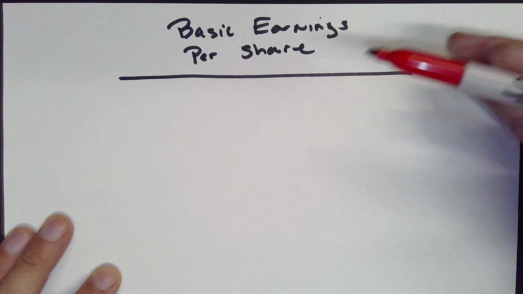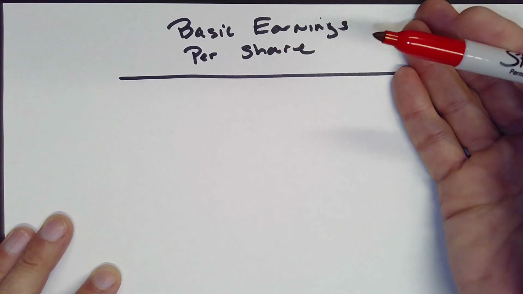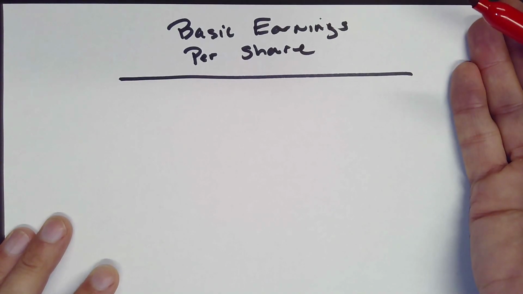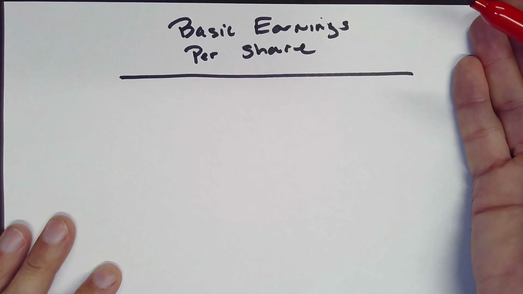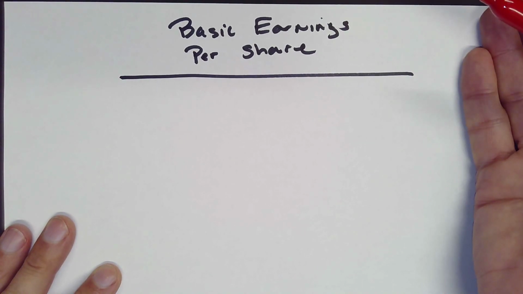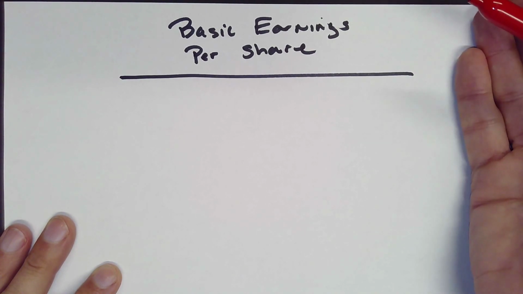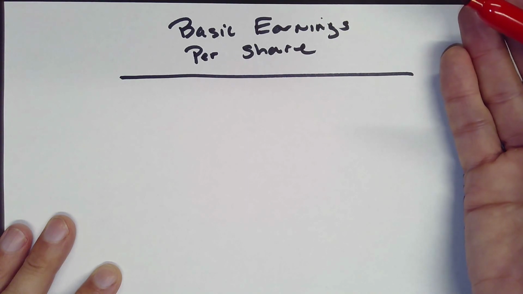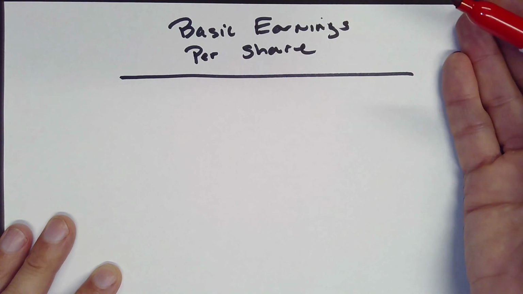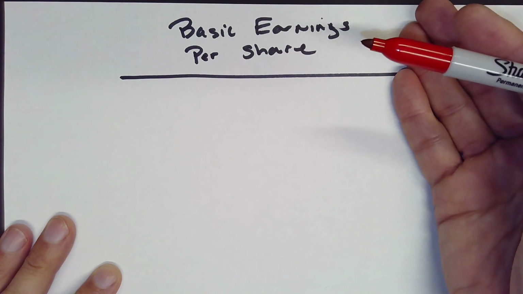So in the preferred versus the common, the common shareholders are really the owners of the company. They take a lot of risk. They have lower priority in payouts during bankruptcy. There's no guarantee of dividend. Preferred shareholders, well, it's likely you get your money back. There is a percentage of dividend. It's not guaranteed.